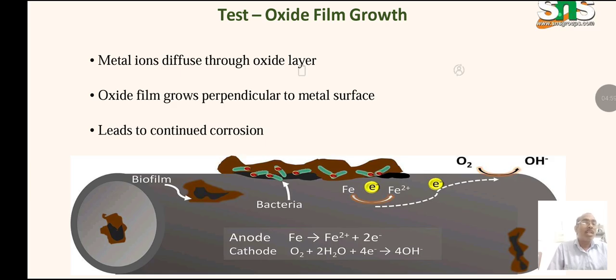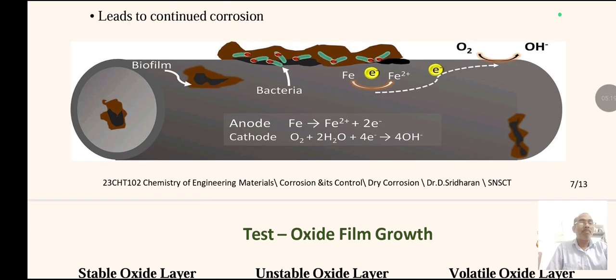The corrosion process is a continuous process; oxidation happens continuously. Different ionic formations are related to the oxide films observed on the metal surfaces.